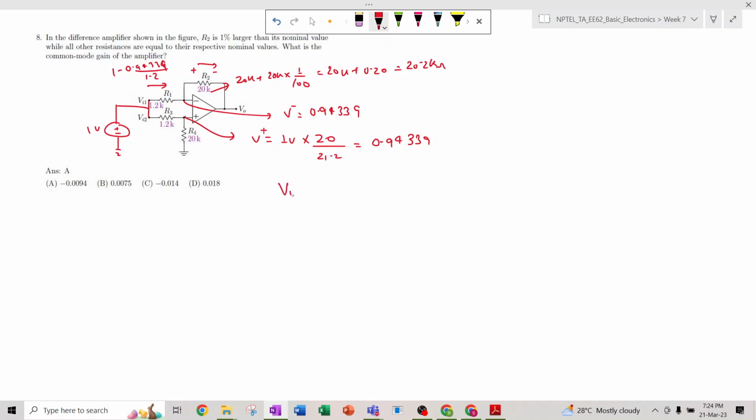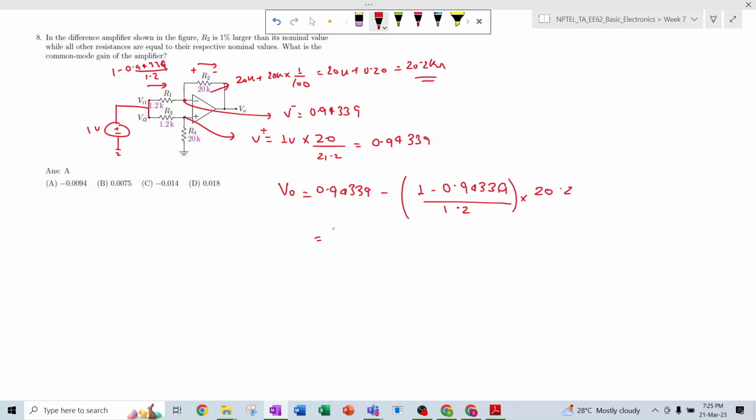So this V0 output will be 0.94339 minus the current, (1 minus 0.94339) divided by 1.2, into this R2. R2 is 20.2 kilo ohm now, so 20.2.